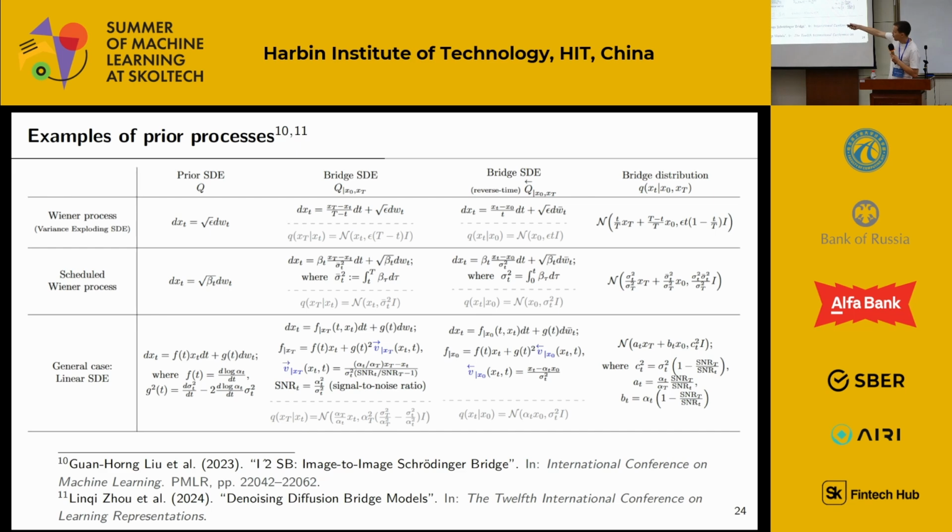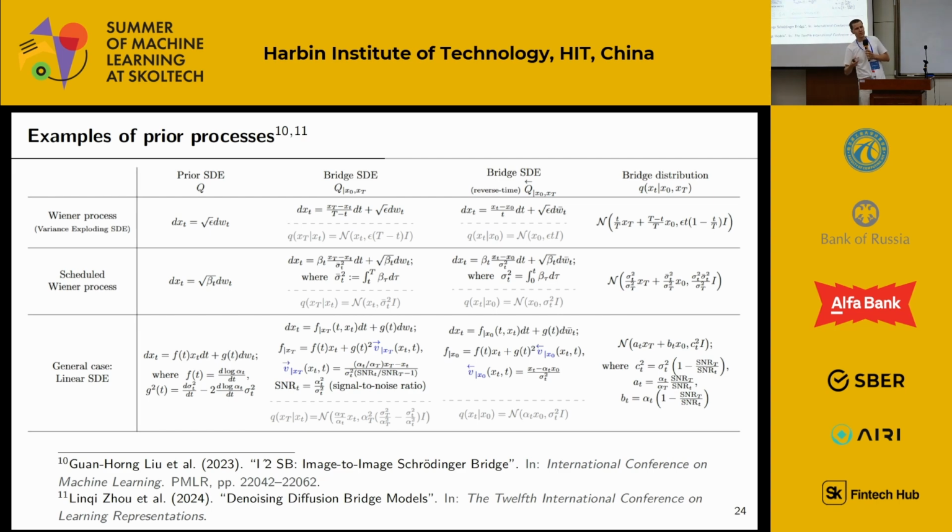The same holds for more complex stuff. First of all, working with these diffusion models, diffusion bridges, and so on, people noted that in some cases, using the Wiener process as a prior process is not the optimal case.